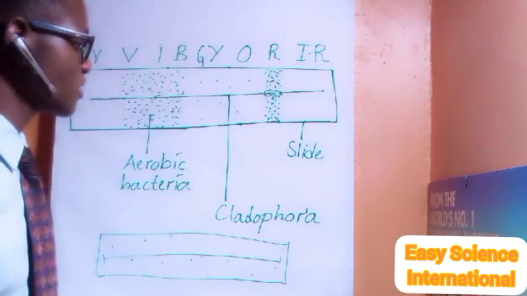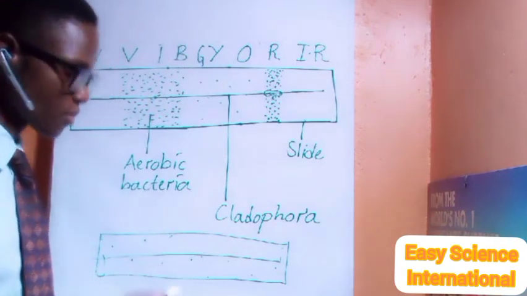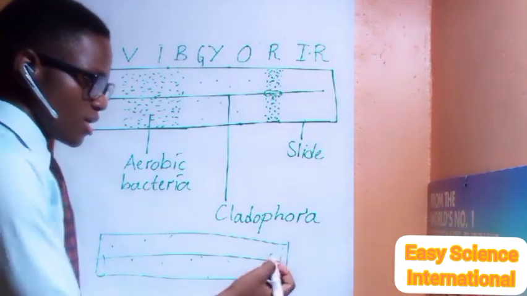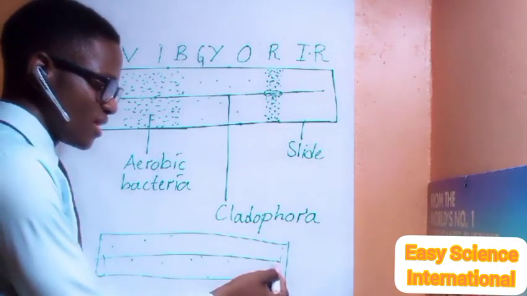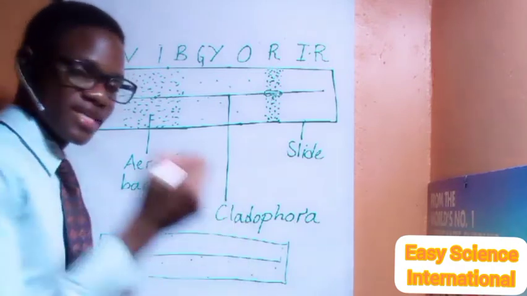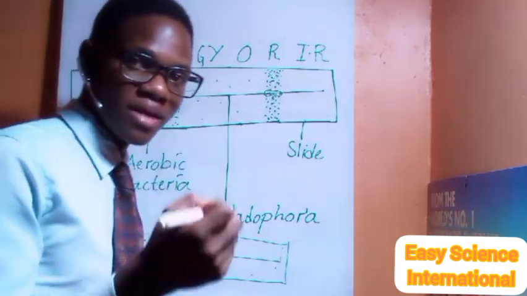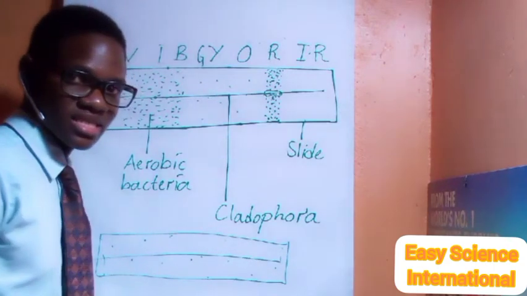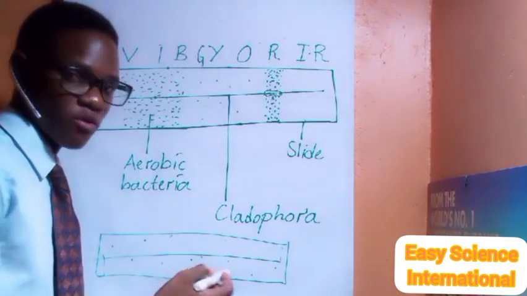So we also saw that the motile aerobic bacteria cluster around the chloroplast, cells which are around the chloroplast.